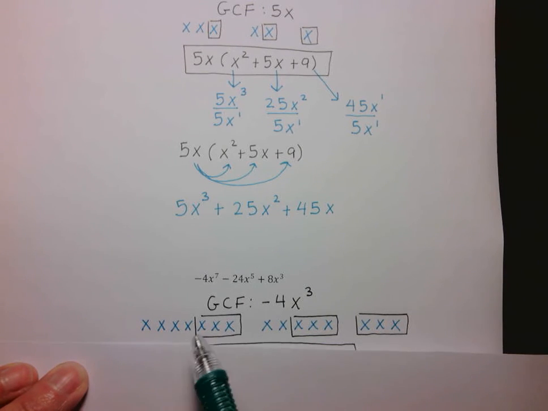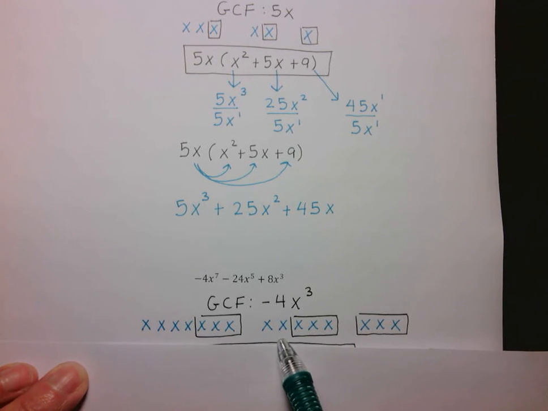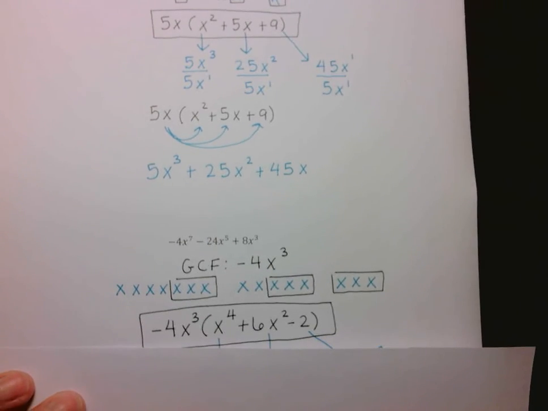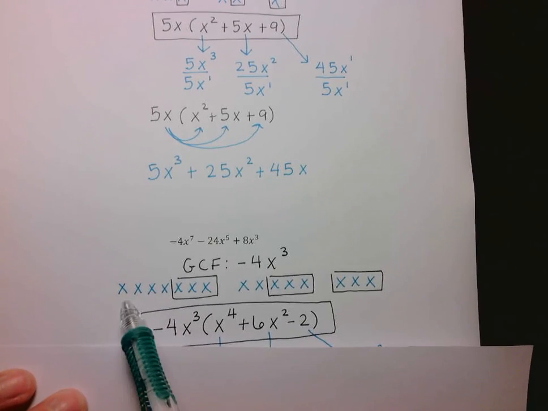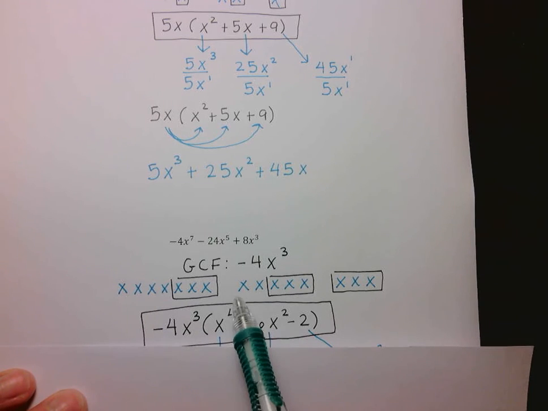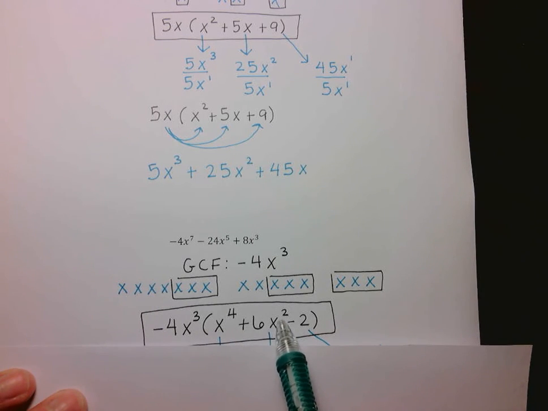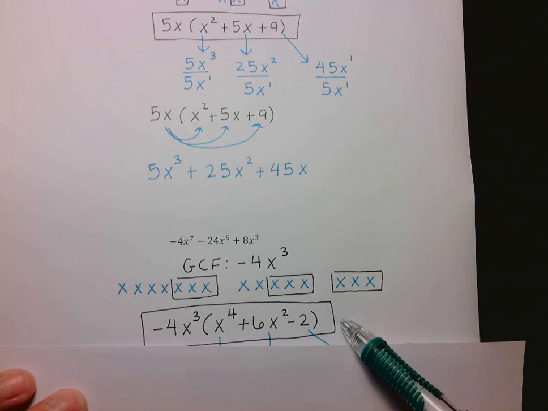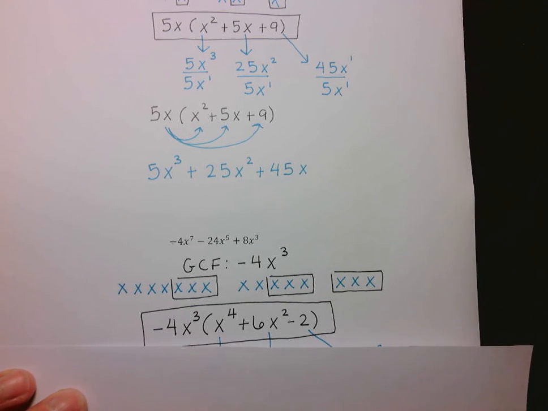And then you can see how many variables I will be left with in each term after I factor out those 3 variables from each term. I have 4 variables left in this term, I have 2 variables left in this term, and I have no variables left in this term. So this is my final answer. This is what I'm left with once I factor out the greatest common factor from each term here.